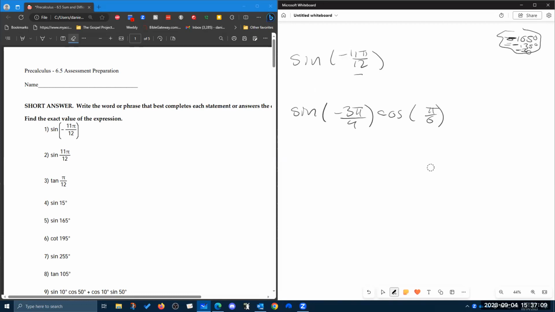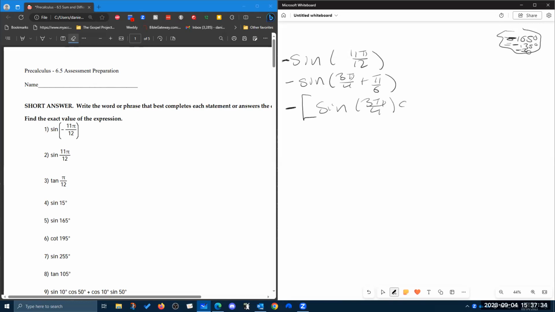Let's just use the difference formula. Actually, let me show you one thing that will help here because of number 2, and then I won't have to do number 2. Let's just use the even odd identity here and make this 3 pi over 4 plus pi over 6 on the inside. Leave this negative on the outside, so this is negative sine of 3 pi over 4 cosine pi over 6 plus cosine 3 pi over 4 sine pi over 6.